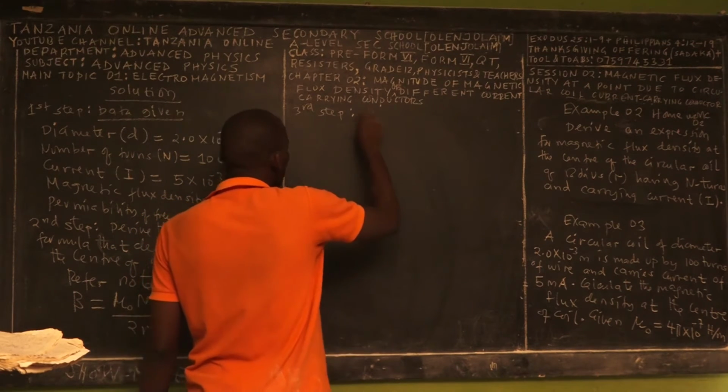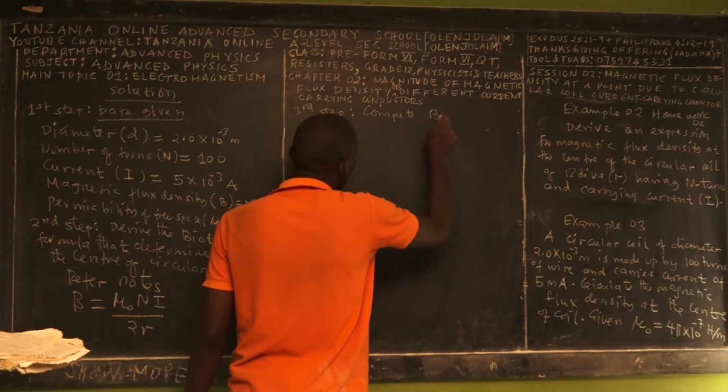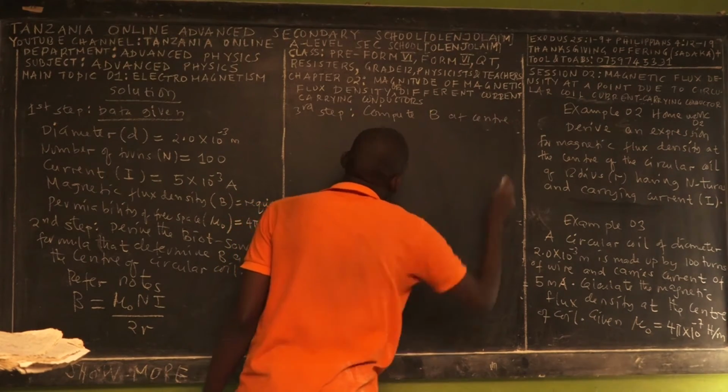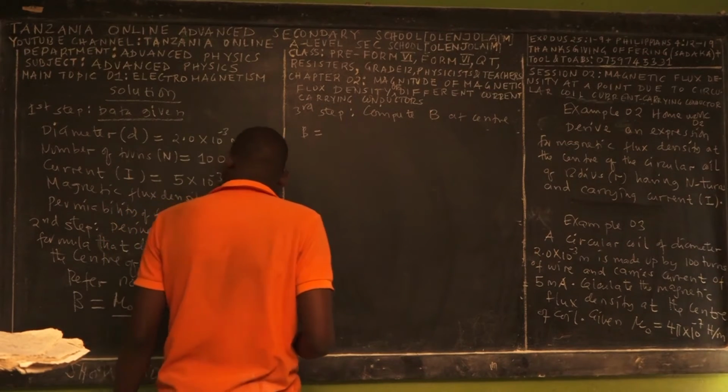Third step, we compute the magnetic flux density at the center of the coil.